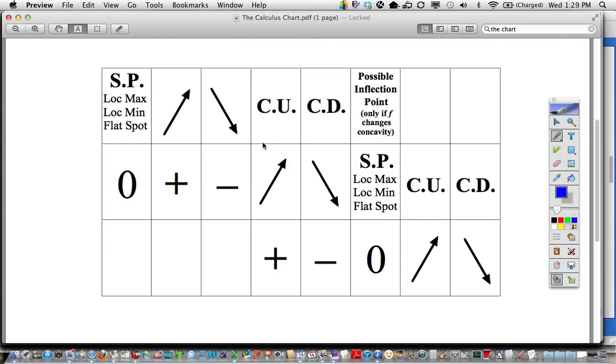Anybody have one right off the top of their head that they've got a question about? Okay, well, I'll give you more time to think about that. I want everybody to look up at this graph that I've got right up here.